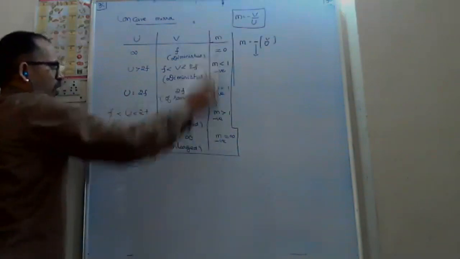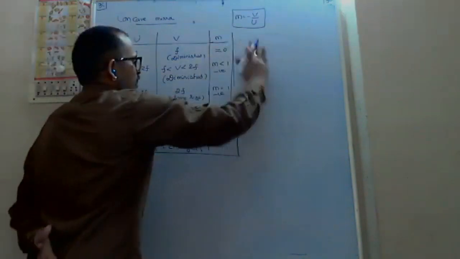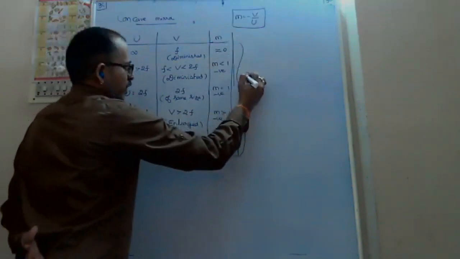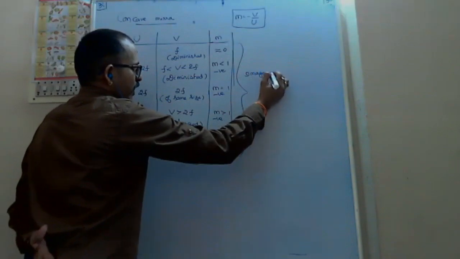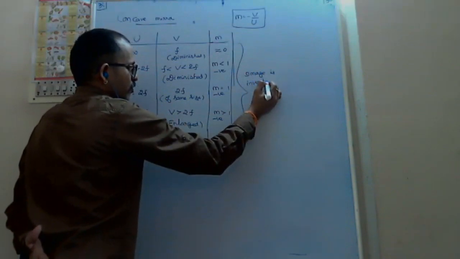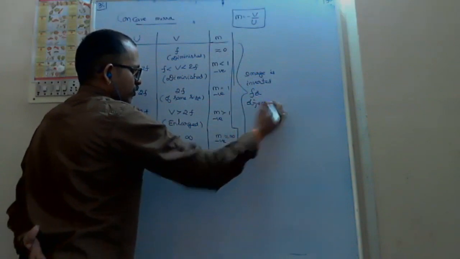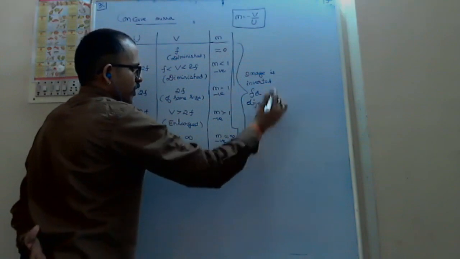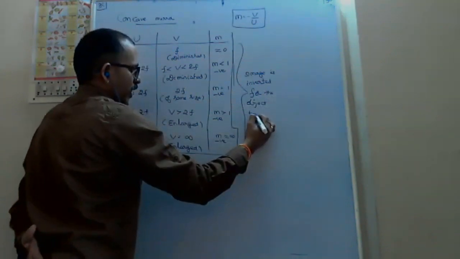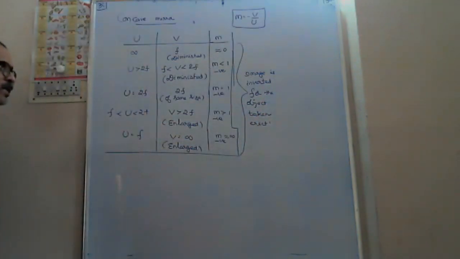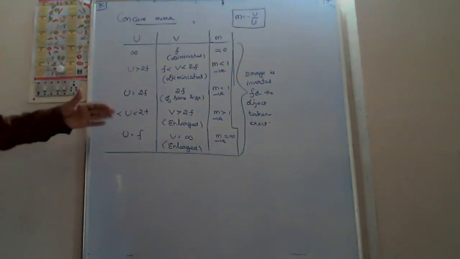Magnification negative means that in all these cases the image is inverted, provided the object is taken erect. So if the object is erect, the image is inverted in all these cases.